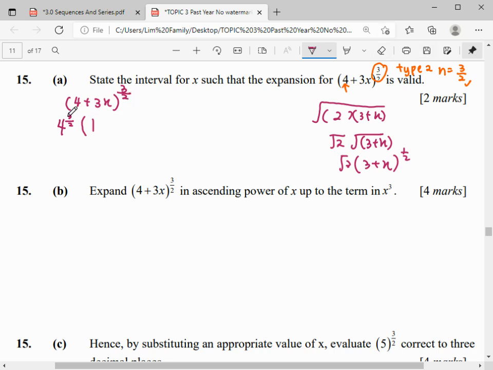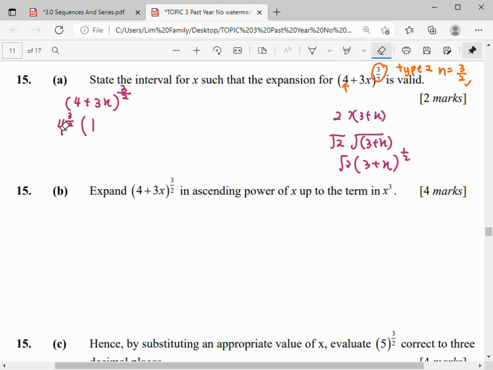Okay, so you have to be careful. We don't just pull the 4 out. When we take out the 4, the root will follow: power of 3, root 2, power of 3 over 2. So the power you will bring along, and they will factorize out.